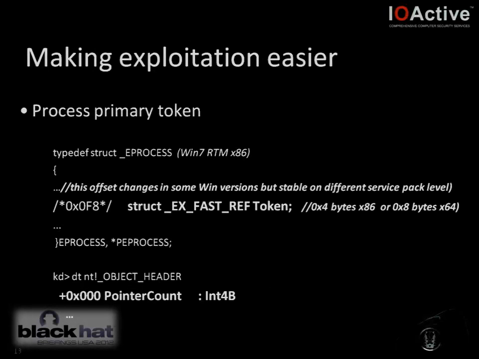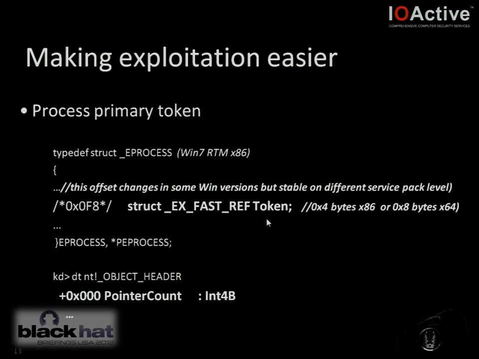So let's see now the last trick. Another interesting structure I found is inside the eProcess structure, which corresponds to each process on Windows. There is a structure called ExFastRef token.